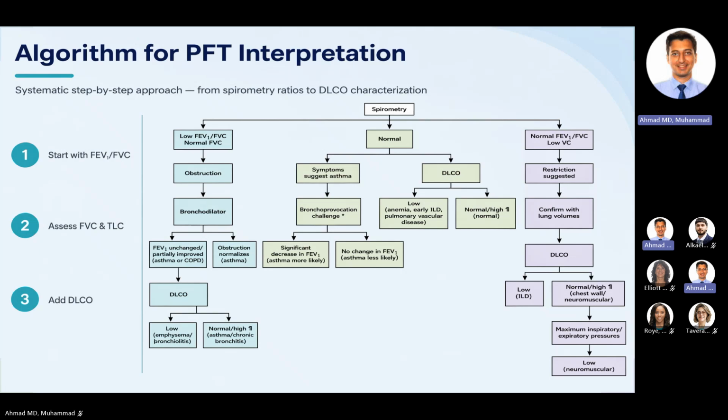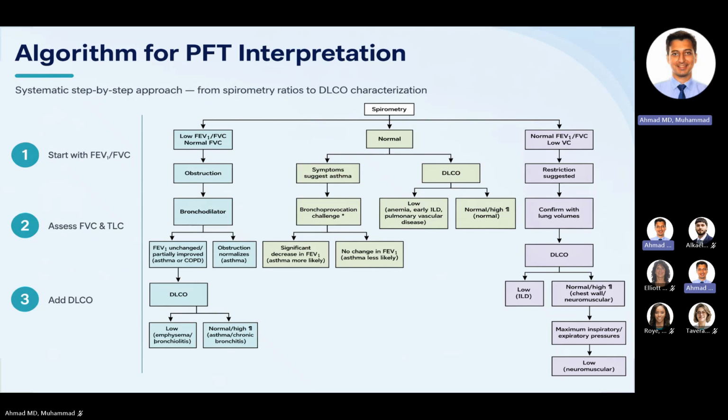Once you diagnose obstruction, you see what their response to a bronchodilator is. If the FEV1 is unchanged, this is more likely COPD. If the FEV1 improves by 10% and the obstruction normalizes, this is most in keeping with bronchial asthma.